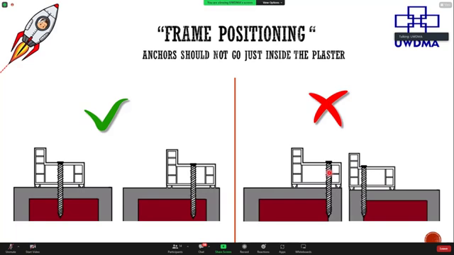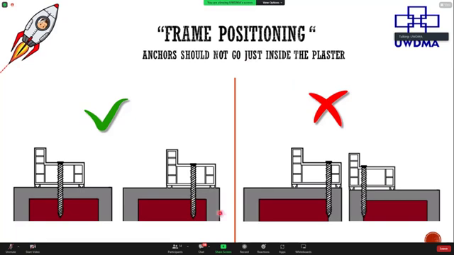And as you can imagine, a mere wind pressure on your window and the fastener can come out from the concrete, because in concrete there is nothing to hold the fastener. So please make sure that the fastener goes inside the brick.